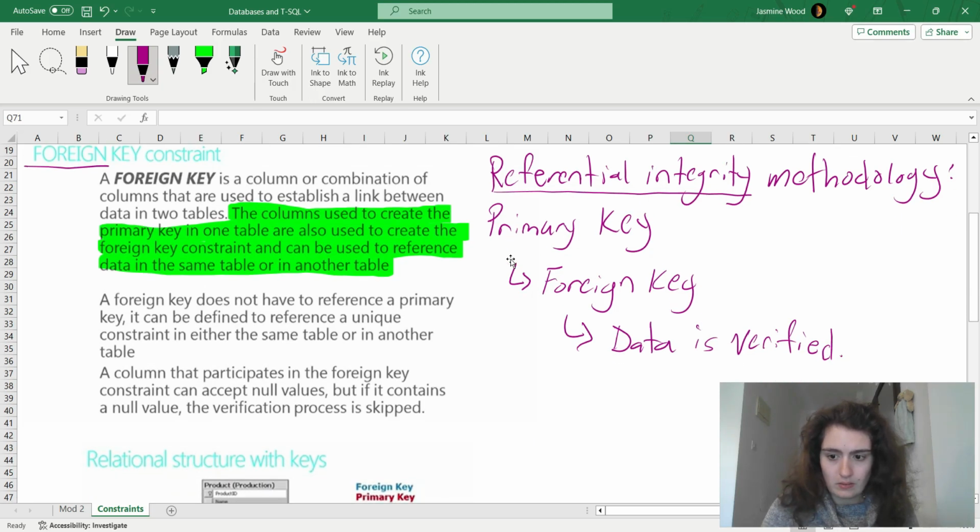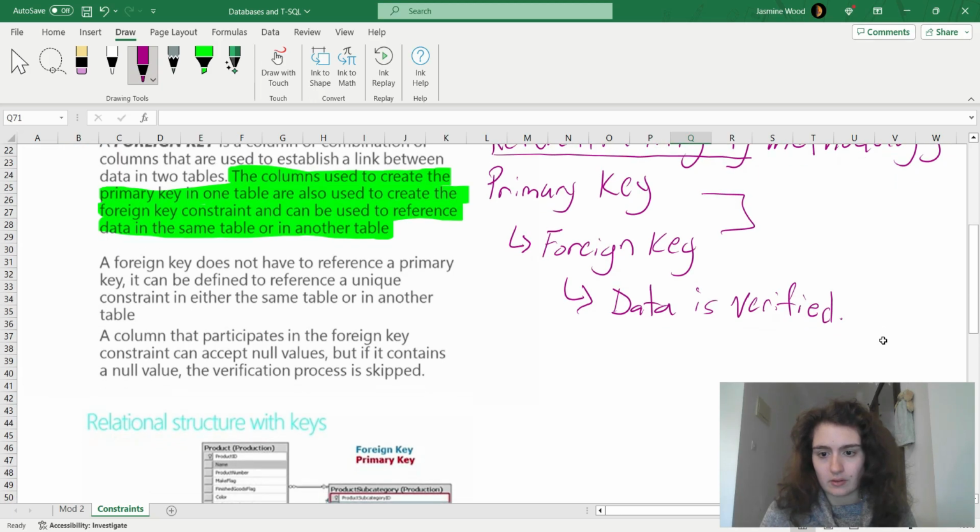So when particular values in databases are looked up in SQL, there's a relationship, like I had just said, between the primary key and the foreign key, such that when that relationship is identified, the data itself can be verified in the system.